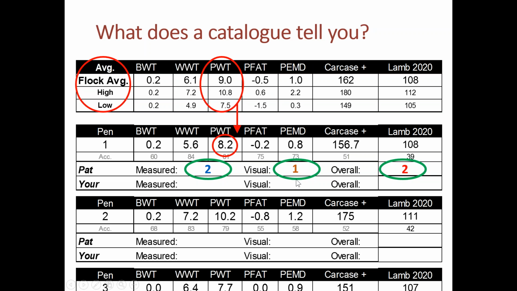And vice versa, if he was a grade 3 for visual traits, then the fact that he's got poor conformation or fleece rot or whatever the trait of interest is that is grading him down, then no matter how good he is for the measured traits, he really can't override the performance of that visual trait that has pushed him down to a 3. So if I had a 2 for measured performance and a 3 for visual, I would grade him as a 3, and I think that's the right balance.